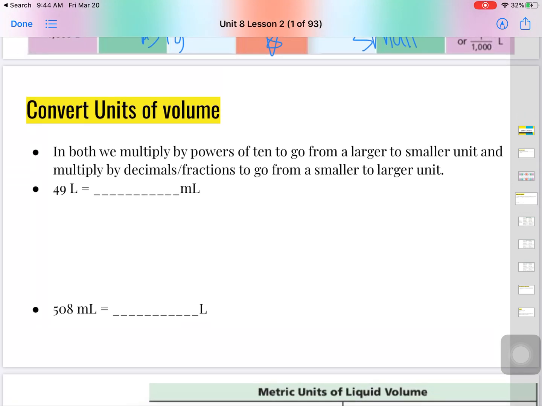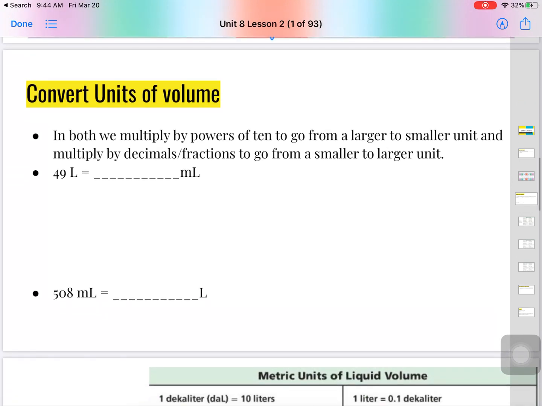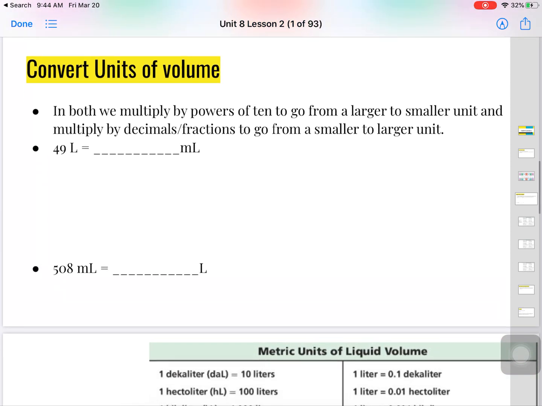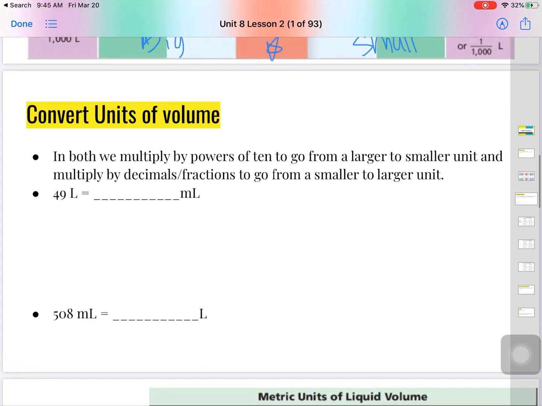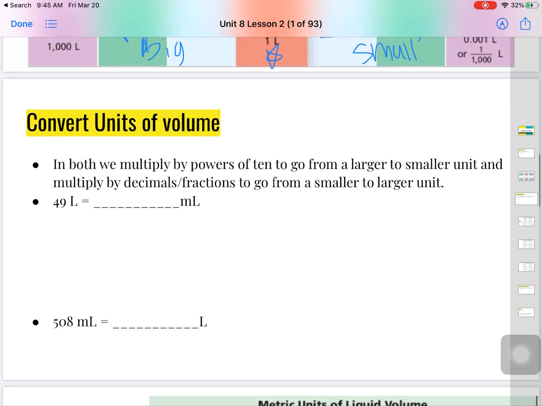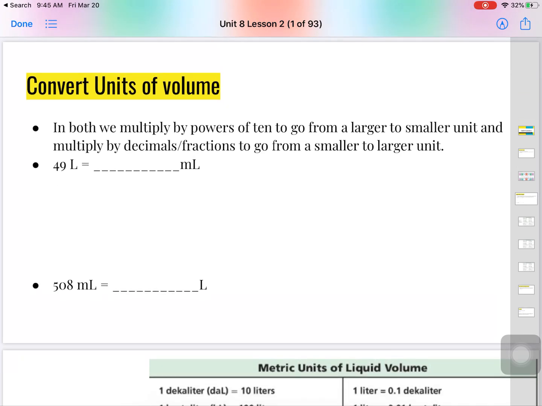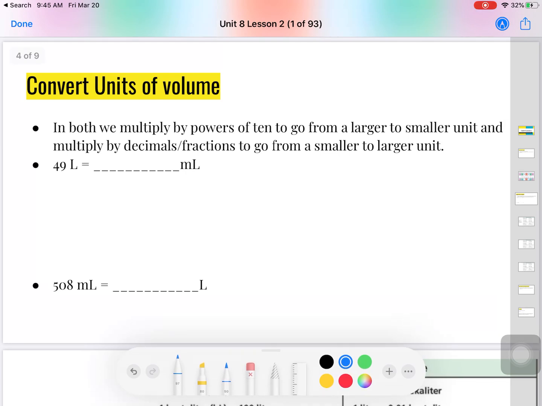If we are to convert the units of volume, we multiply by powers of 10 to go from larger to smaller units, and we multiply by the decimal or fraction version to go from a smaller to larger unit, or we can divide by powers of 10. So if I want to convert 49 liters to milliliters, I want to look at that 1 liter.